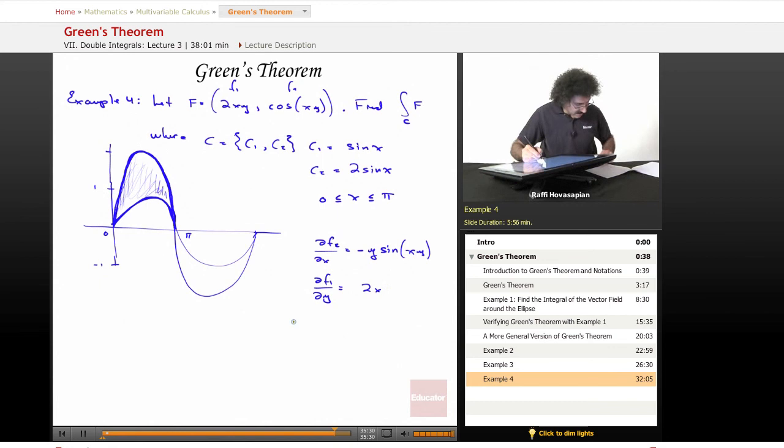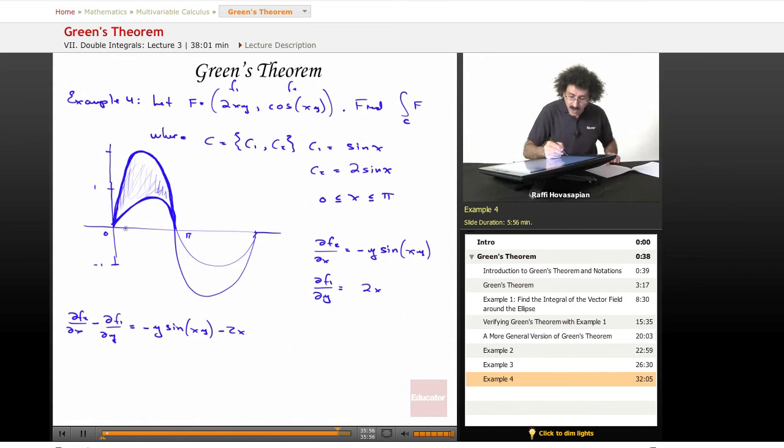Therefore, my integrand, so this minus that, df2 dx minus df1 dy, which is my integrand under my double integral, is going to equal minus y times the sine of xy minus 2x.